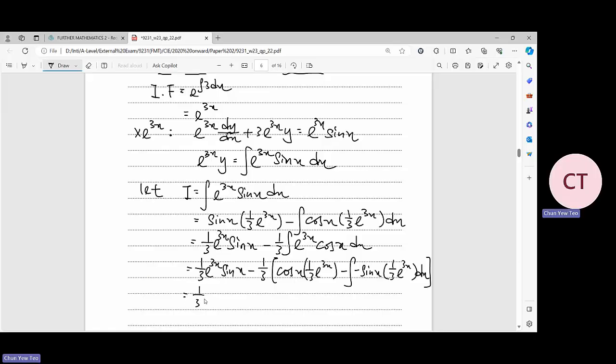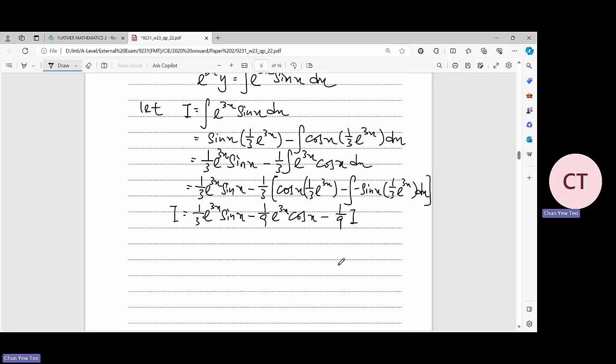Expand, simplify. Minus a 1 over 9 e power 3x cos x minus the 1 over 9 I. This is a minus. There's I here as well, so you just join together.